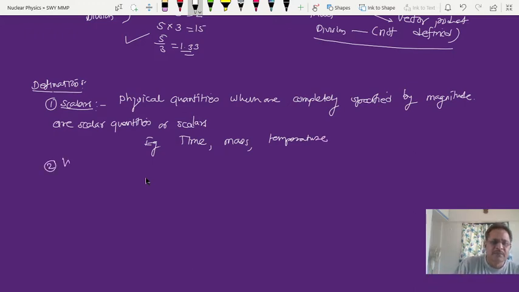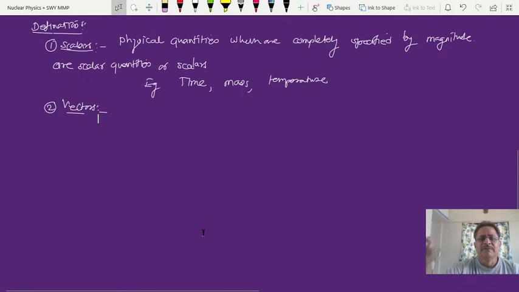Second, vectors. So write it down. You can write this very easily: physical quantities which are completely specified by magnitude as well as direction.